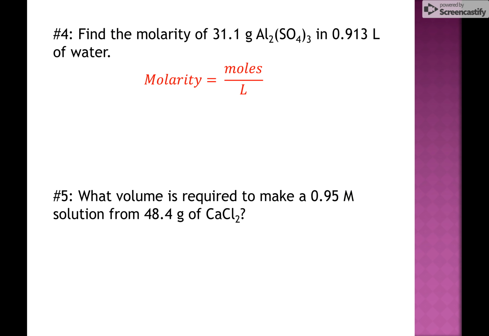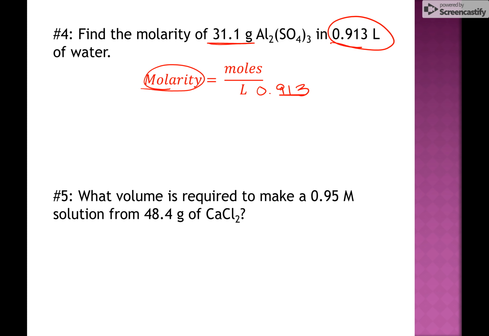In this question, what's different is you're finding the molarity, so you're finding this part. All you know, though, is 31.1 grams of aluminum sulfate and 0.913 liters of water. So you know the liters of water. That's 0.913. You don't know moles, though. So here's what you have to do.